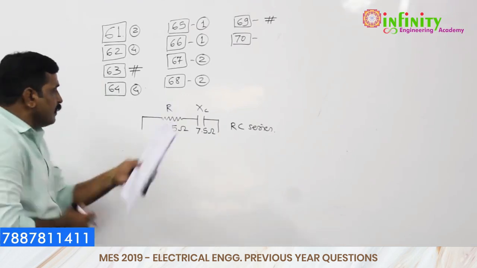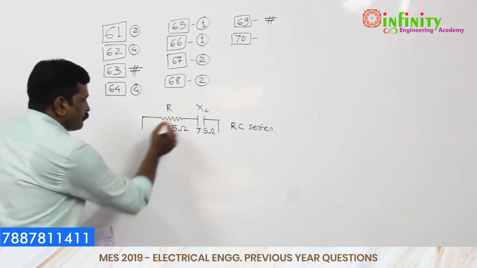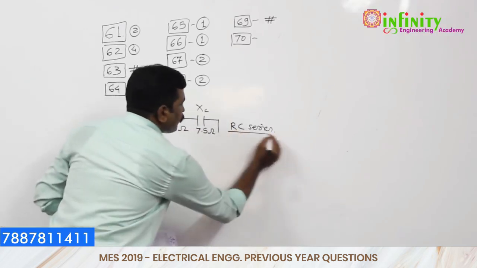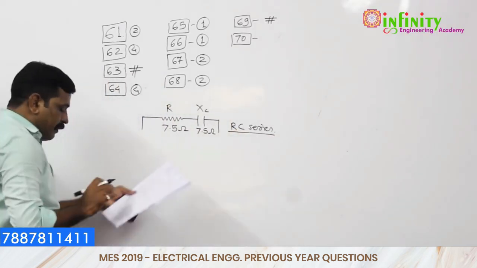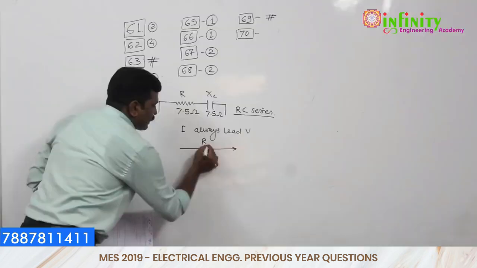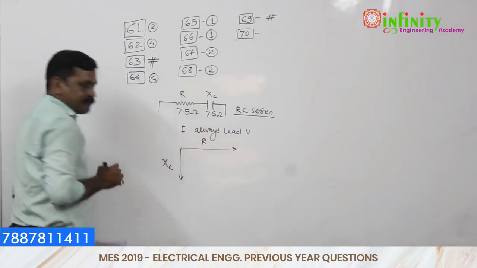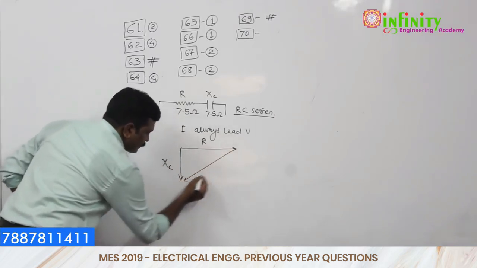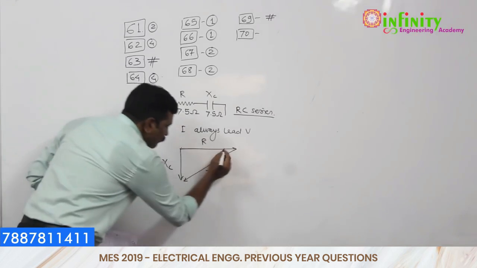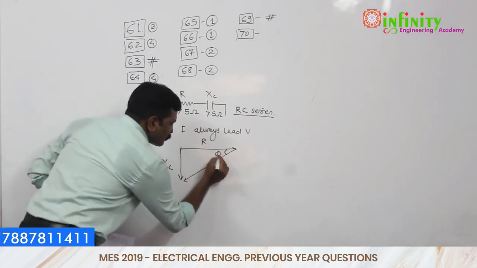So here, if we plot the vector diagram, we know that in an RC network circuit, current always leads the voltage, and that particular representation is like this. If we consider this is the resistance, and this is the reactance, then the resultant is nothing but the impedance Z. The angle between this resistance and reactance, say theta.